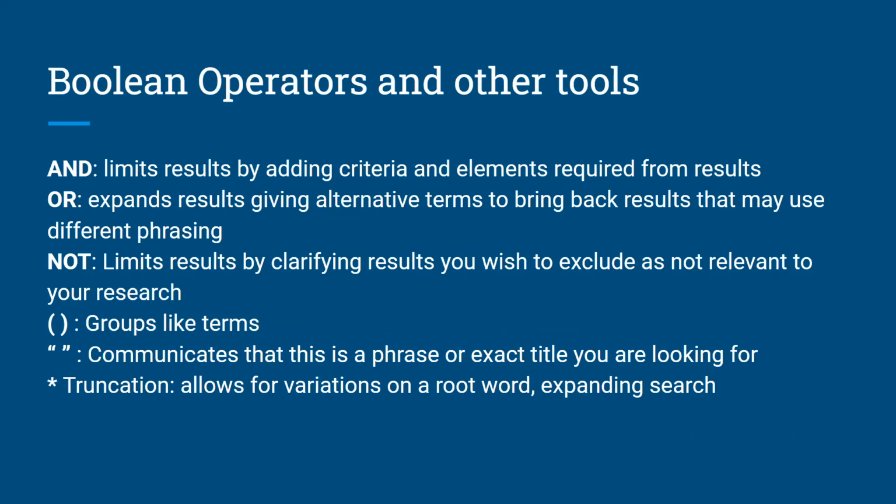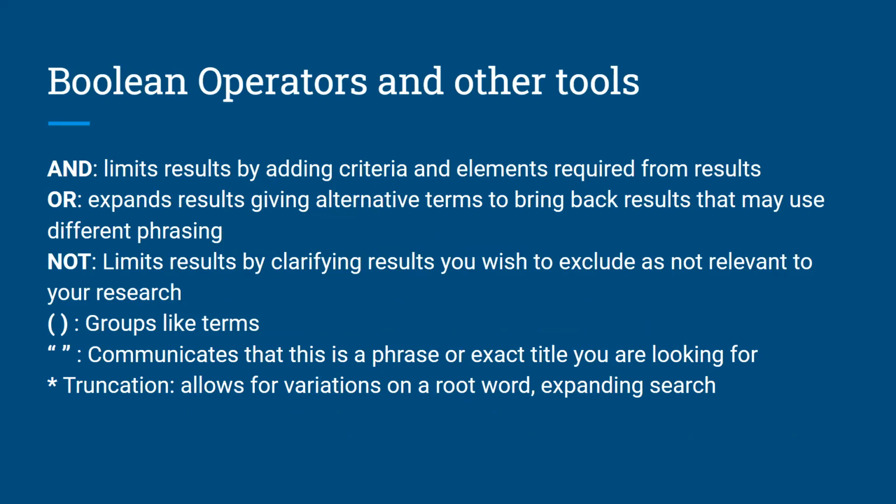So once we have our key terms, we're going to want to use those Boolean operators and some other little tools to help us link those terms together. Boolean operators, as a quick review, are going to be and, or, and not. You can also use parentheses, quotation marks, and the little asterisk truncation symbol to help expand your searches.